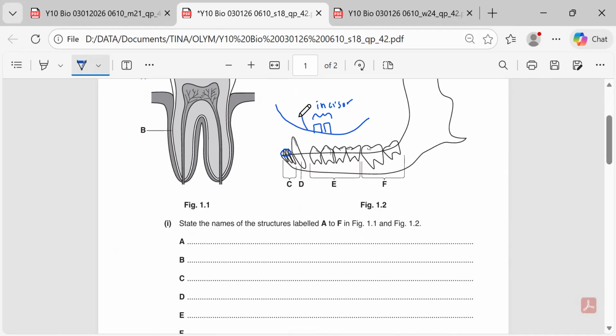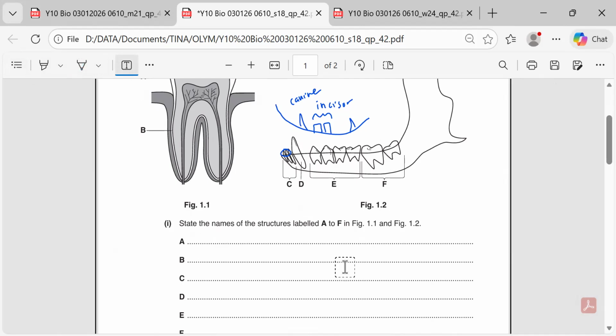Then the sharp one at the side that makes you look like a vampire is called the canine, because canine literally means dog. After that, the smaller ones are premolar and then molar. Molar is the biggest one at the back. Premolar only has 2 roots. Molar has 3 roots.